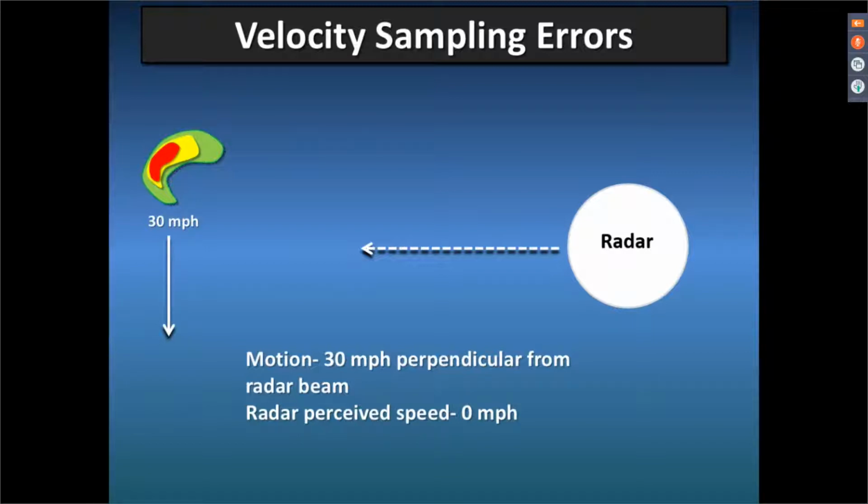So that can be a real problem in some cases if we've got a storm, let's say from the Nashville radar, we're looking towards the southwest, and we've got a storm moving directly over downtown Nashville from the northwest to the southeast. Well, that storm would be moving directly perpendicular to the Nashville radar, and we wouldn't be able to determine if there's severe winds going on with that storm in downtown or not, because it's not moving towards or away from the radar.